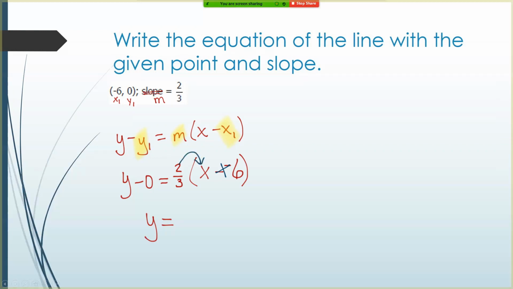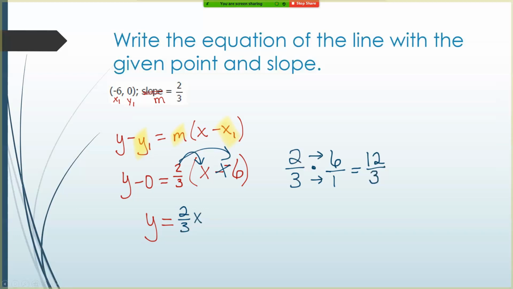When I distribute, I'm taking 2/3 times x, which is just 2/3 x. When you distribute over here, we're taking 2/3 times 6. 6 is a fraction of 6/1, right? When you multiply fractions, you multiply straight across. So 2 times 6 is 12. 3 times 1 is 3.